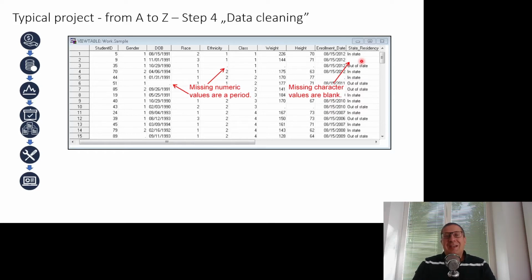In other words, if the human being doesn't know what to put inside, he can just put a dot, and we have to guess that it is the missing value. And of course, the world of things that can happen to data is infinite. So we have to be very careful.